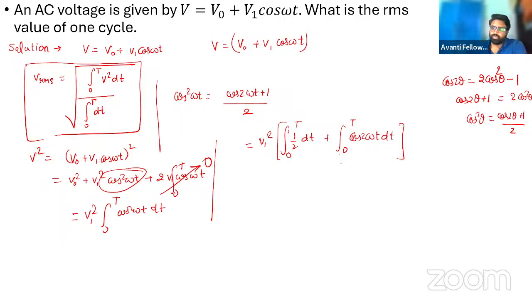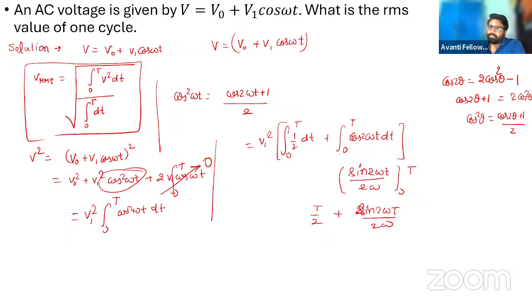Okay. The integration of cos 2 omega t will become sin 2 omega t divided by 2 omega, from 0 to capital T. So this will become sin 2 omega T divided by 2 omega plus T by 2. 0 to T is T, and 1 by 2 multiplied by T is T by 2.